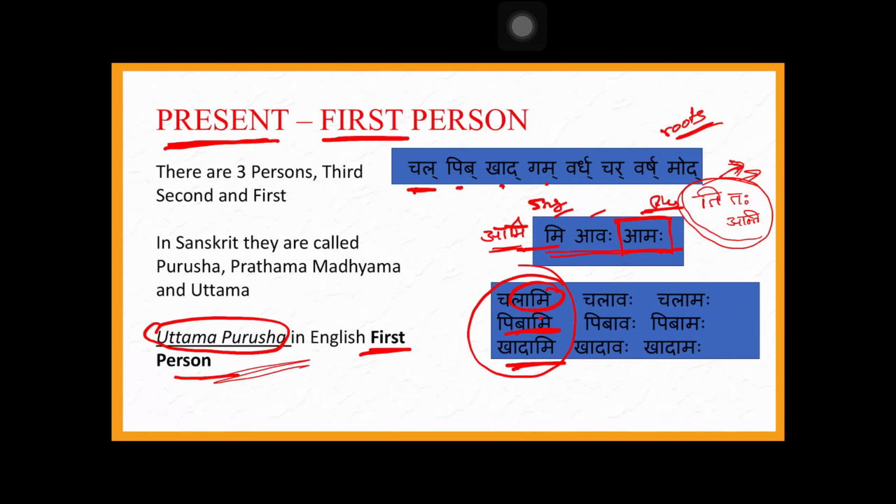That is how we need to use the verbs with these ami, avaha, amaha suffixes to create first person related verbs. But those ti, taha, anti, those three suffixes, they won't help us to create any first person related verbs. That we need to understand first. Now we will see with some examples.